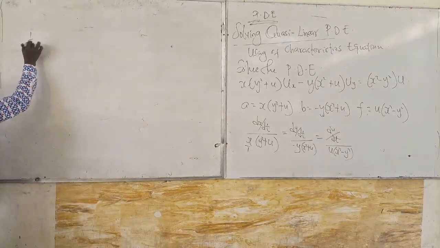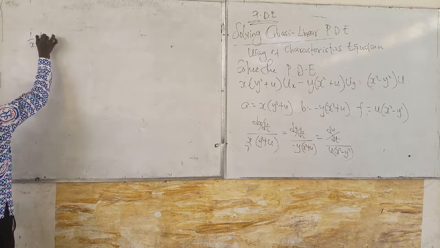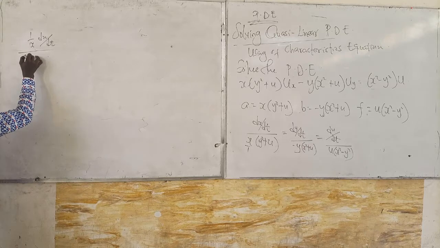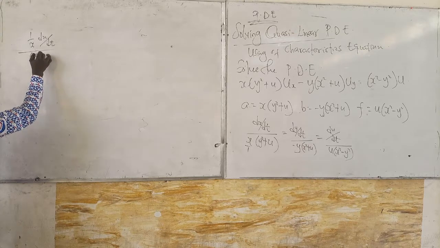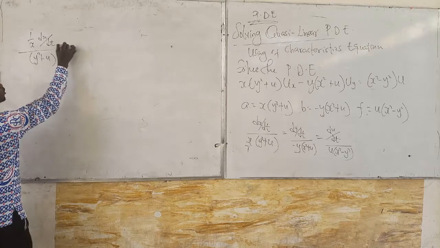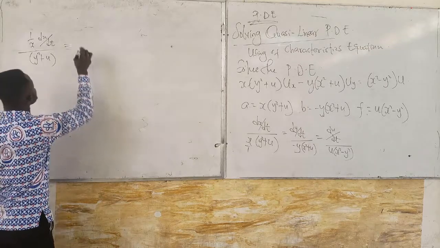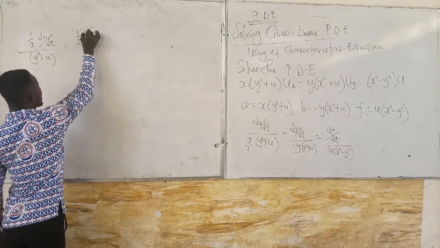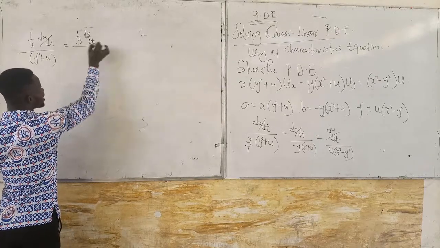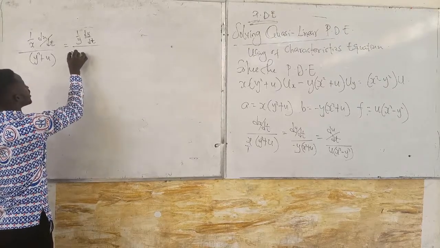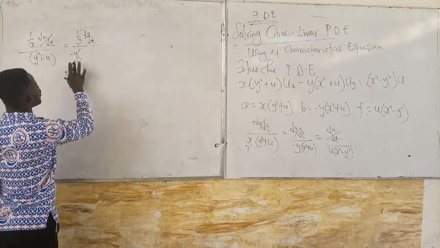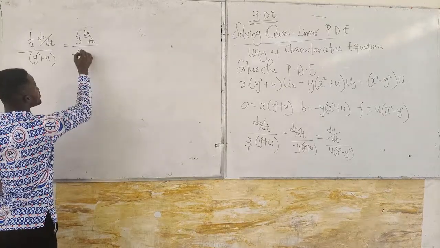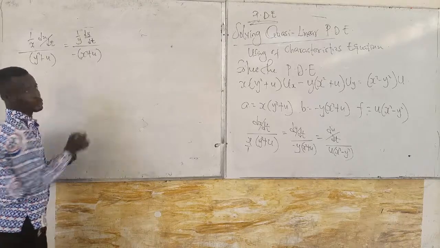Here we can write it as 1 over x dx dt over y squared plus u equal to 1 over y dy dt, all this over negative x squared plus u.